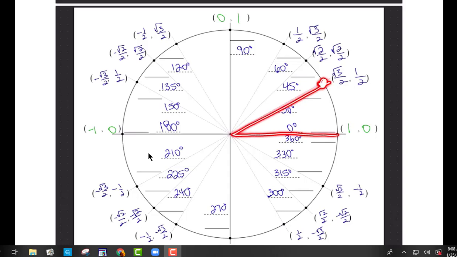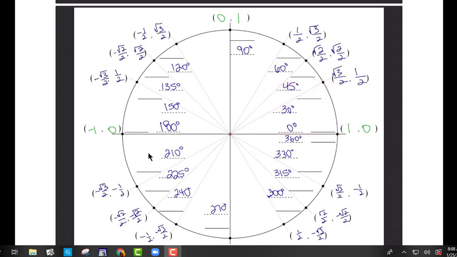Does my half go on my X or on my Y? I think of it in terms of my X and Y axes. If I drop this down, is that halfway across the X axis? No. But if I take it over to the Y, is that halfway up my Y axis? So then I know that my Y is going to be half.